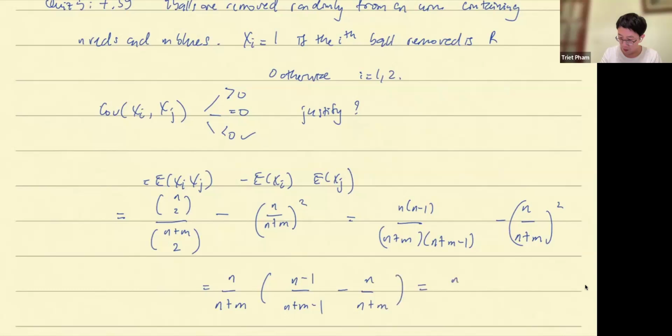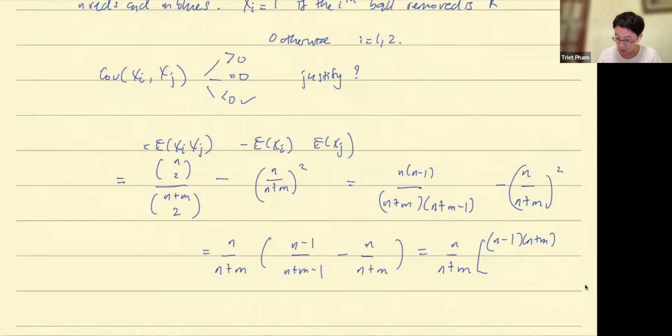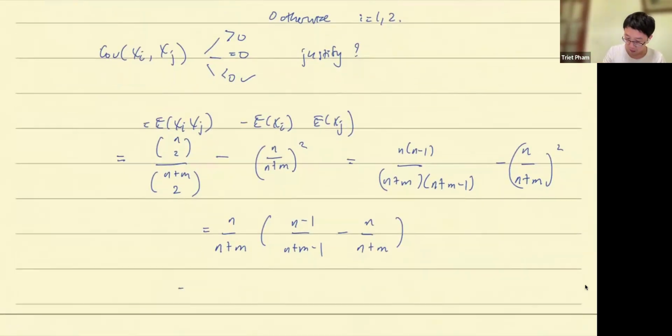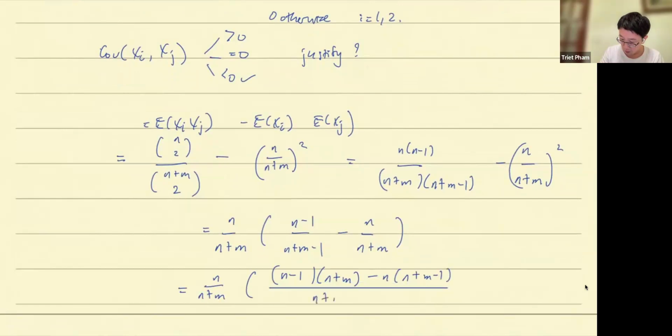If you do a common denominator, n minus 1 times n plus m, minus n times n plus m minus 1, over n plus m minus 1 times n plus m.